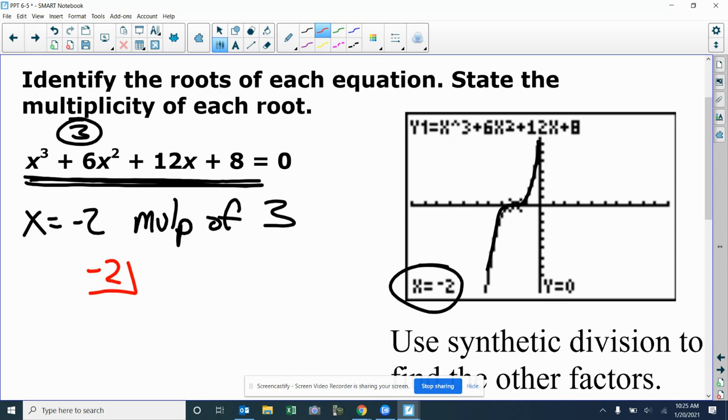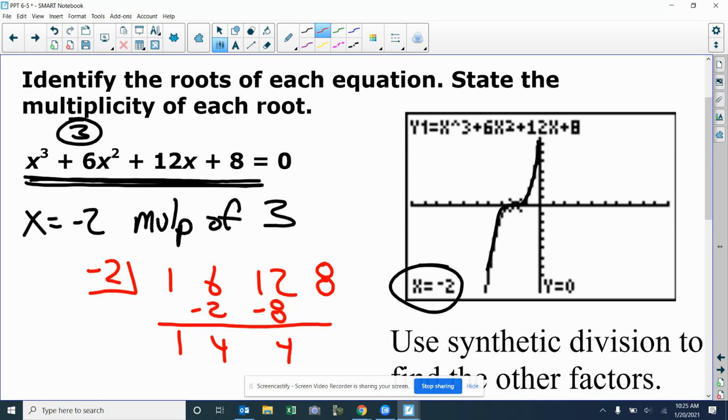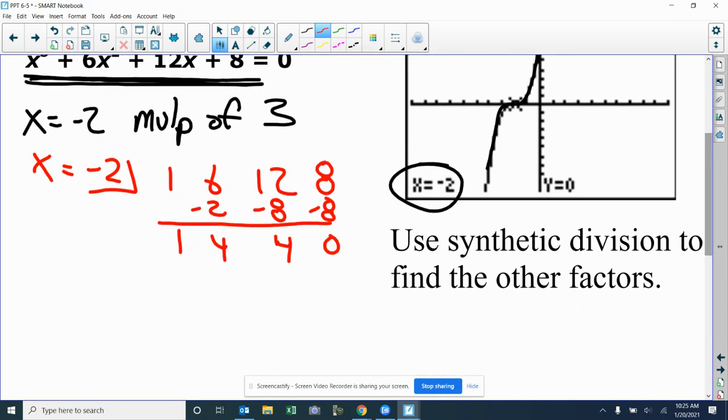Let's check it out and see. 1, 6, 12, 8. 1 comes down, that gives me -2, that gives me 4. That gives me -8. That gives me 4. That gives me -8. Boom. There's one of them. But how many do I think it is? 3. So I'm going to continue doing synthetic on it.